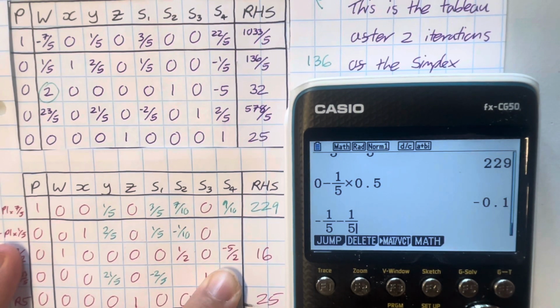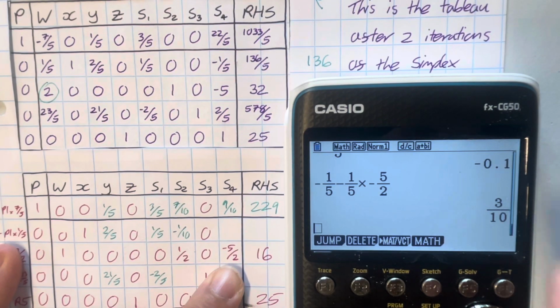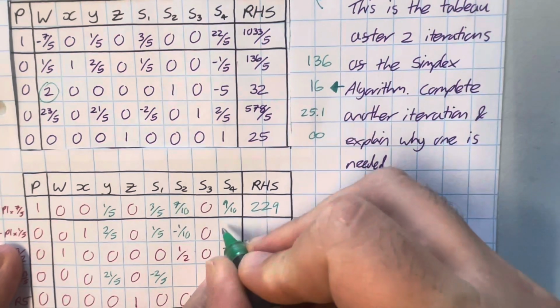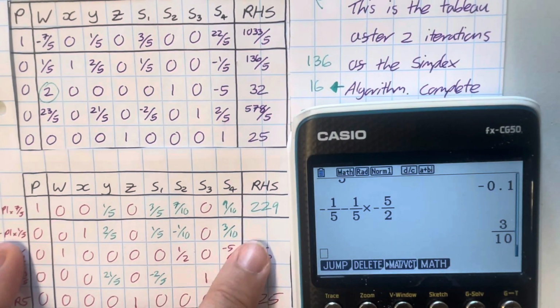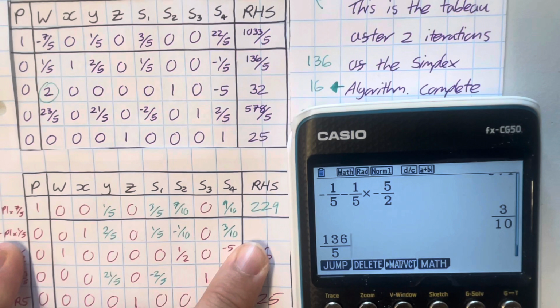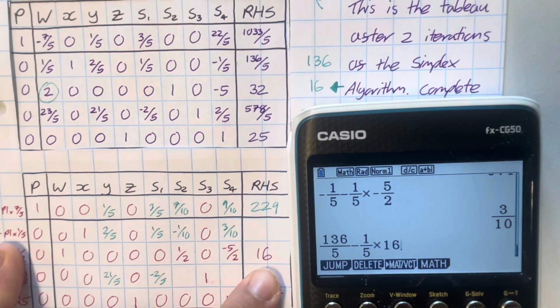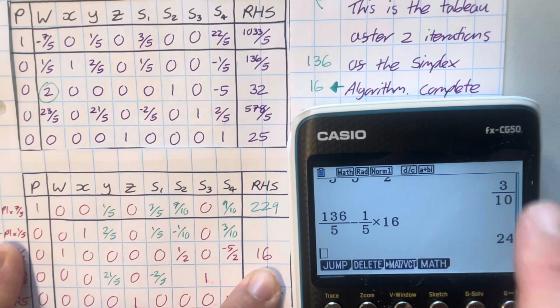Minus 1/5 times the pivot entry, which is minus 5/2. So that is 3/10. And then the final entry over here is 136/5. Subtract 1/5 times the pivot entry, which is a 16, which is 24.